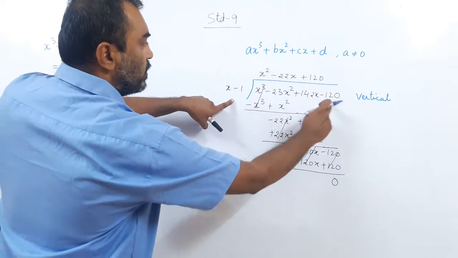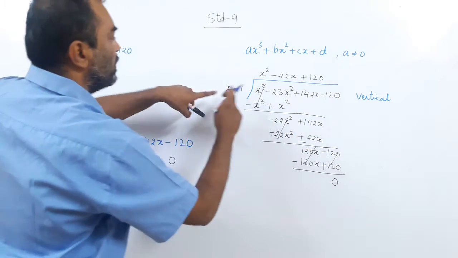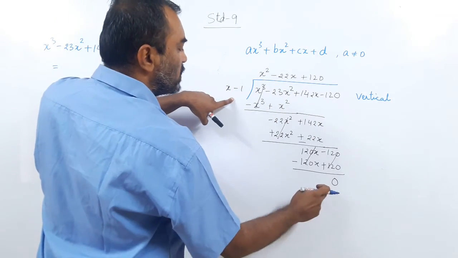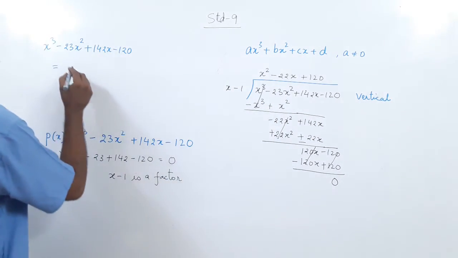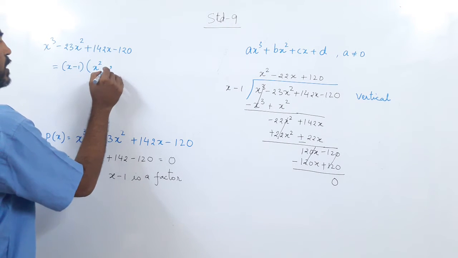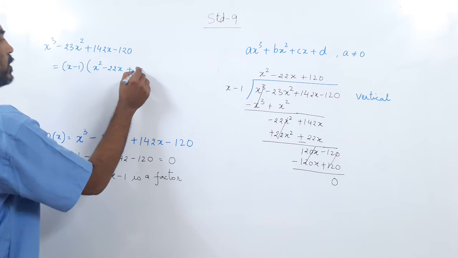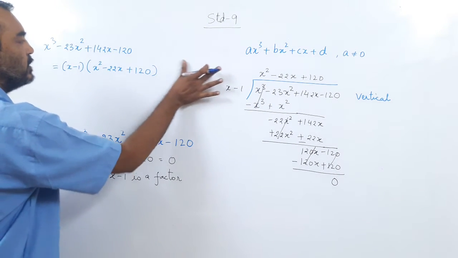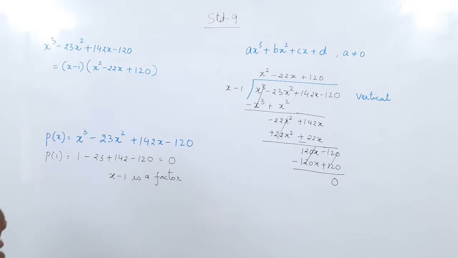Remember, dividend can be written as divisor into quotient plus remainder, but remainder is 0, so we don't need that. So we'll write as x minus 1, x square minus 22x plus 120, and plus 0, but I take out the plus 0 because remainder is 0, makes no difference.